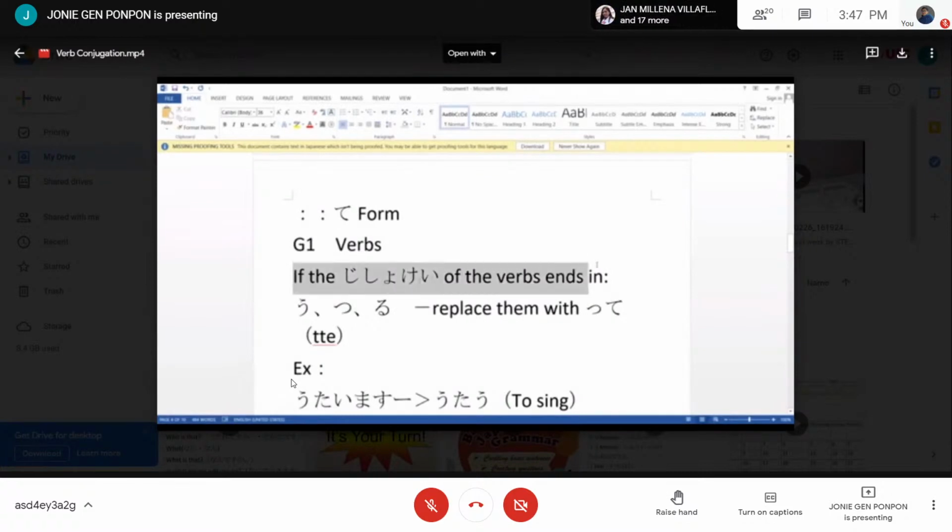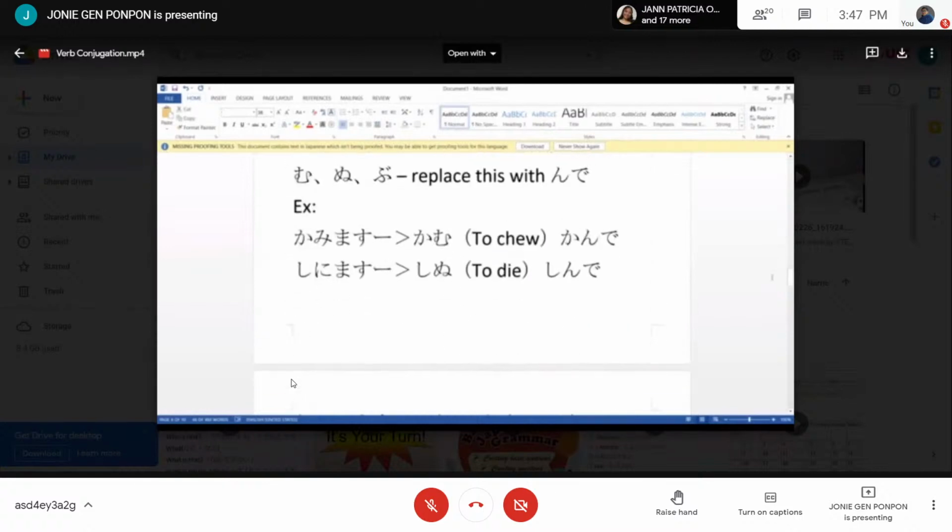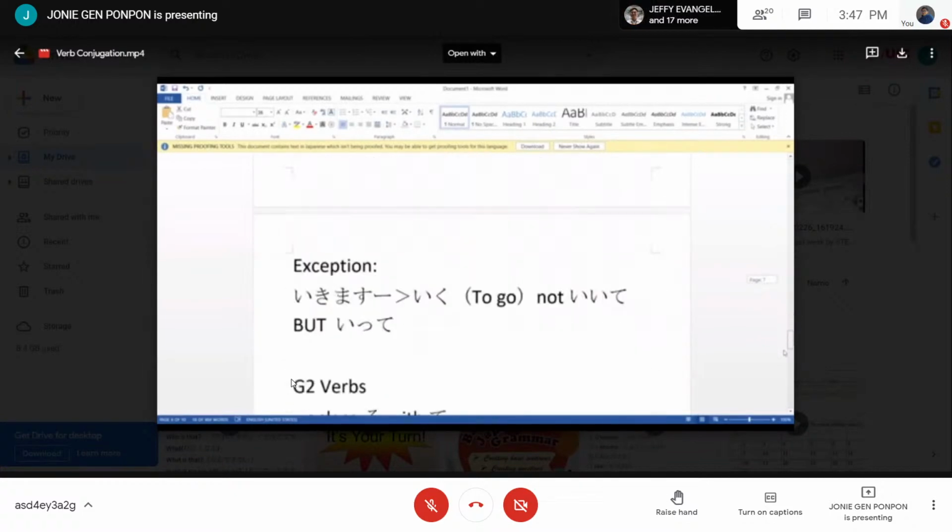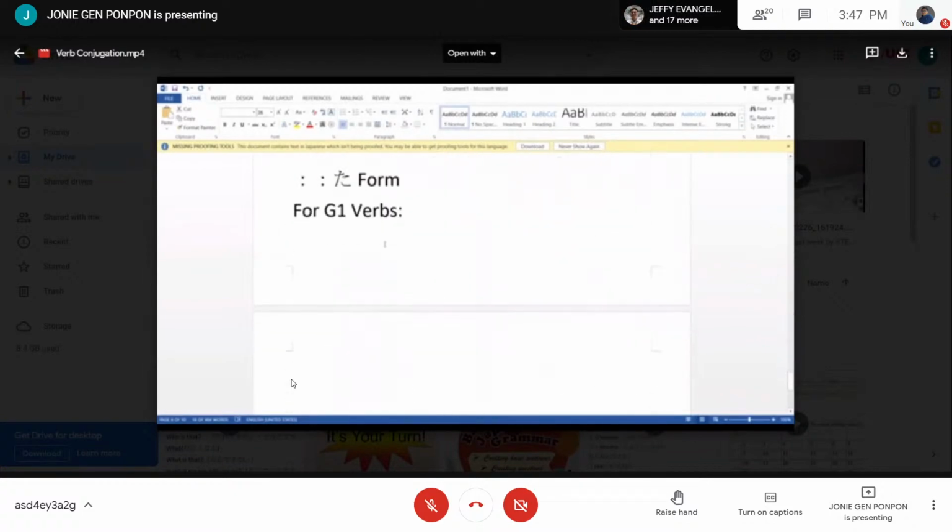If the jishuke of the verb ends in u to ru, replace this with the t form.